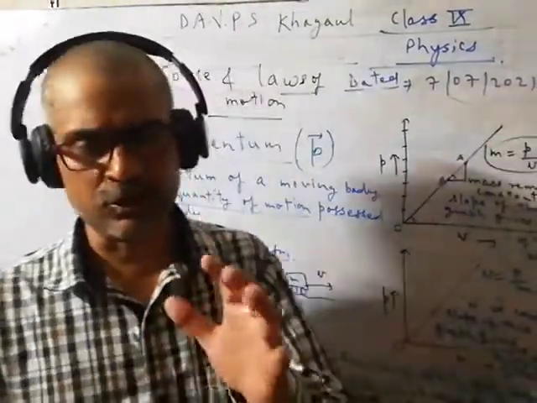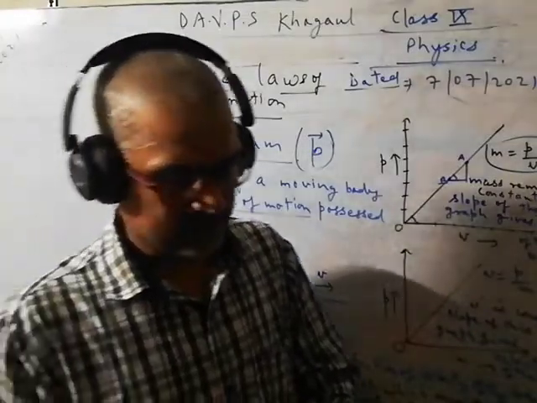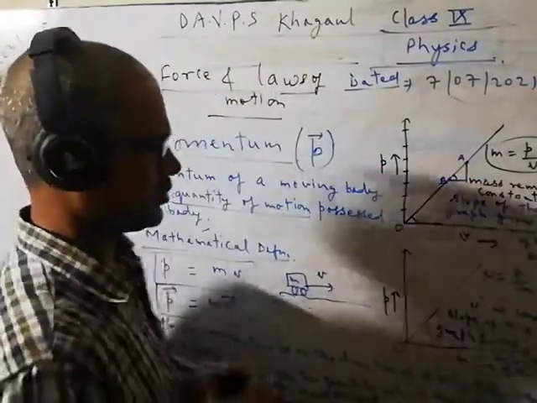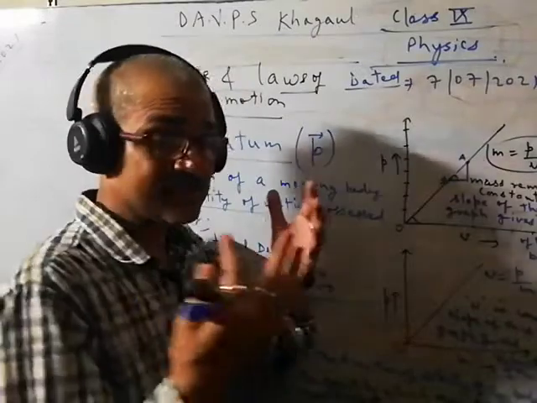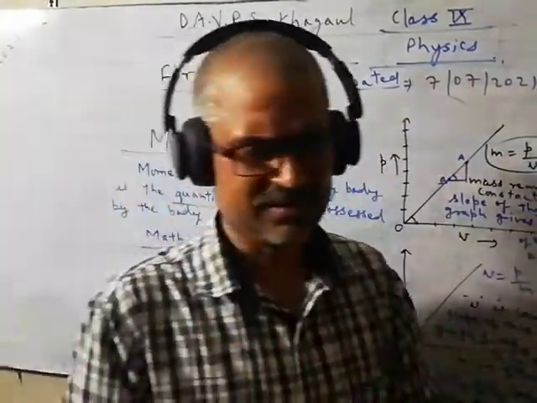I think all of you remember. So don't forget, the slope of any graph gives a different physical quantity.